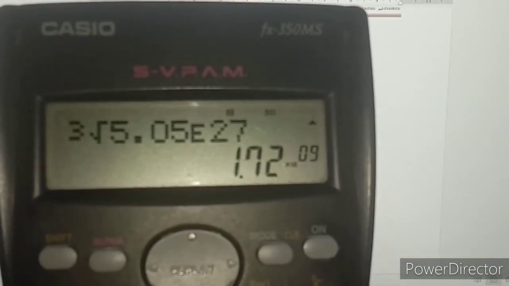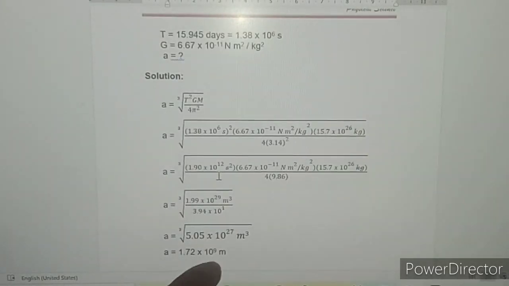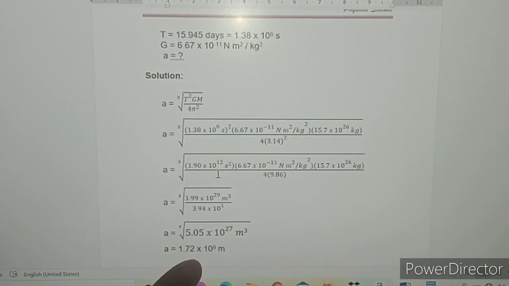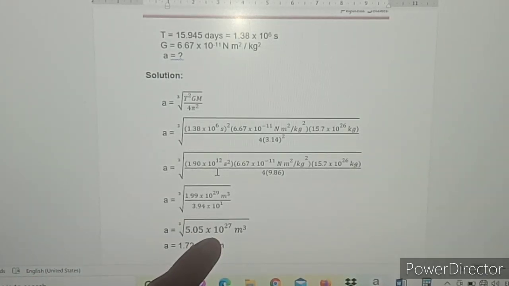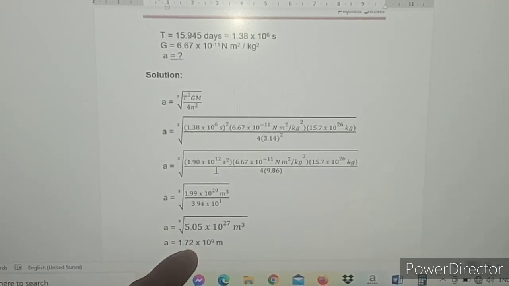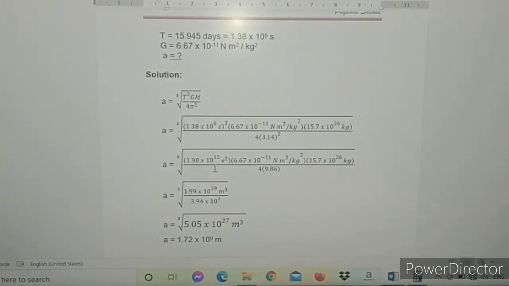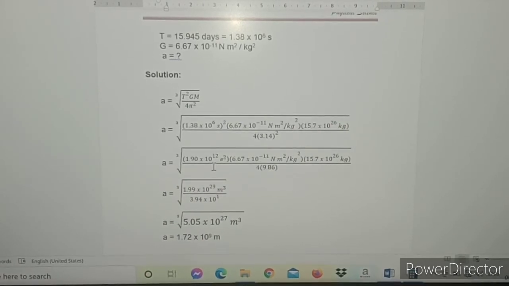Ayan na po yung magiging final answer natin. 1.72 times 10 raised to 9. And it is equal to the final answer given in your pamphlet. So, we have yung cube root ng 5.05 times 10 raised to 27 m cube. So, we got 1.72 times 10 raised to 9 meters. So, that is the final answer.